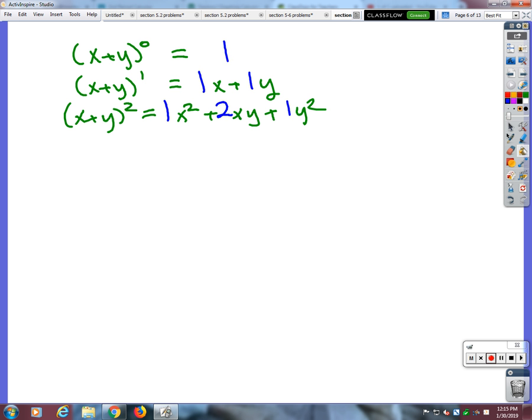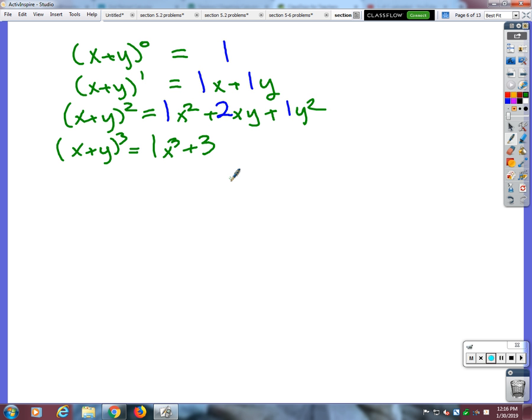What are those numbers from? Pascal's triangle. Okay, so without working the whole thing out, if I did x plus y cubed, then I would get 1x cubed plus 1 plus 2 is 3.